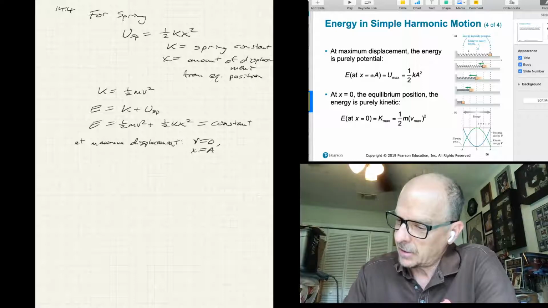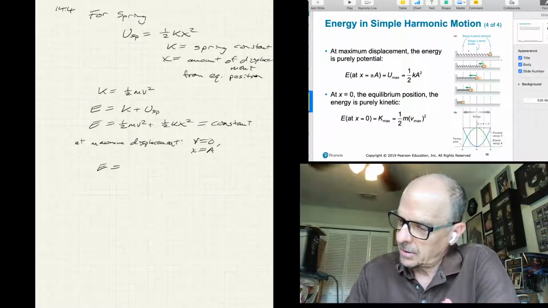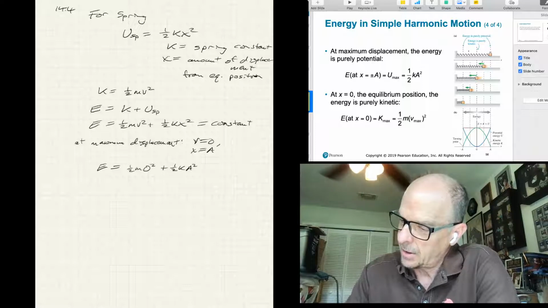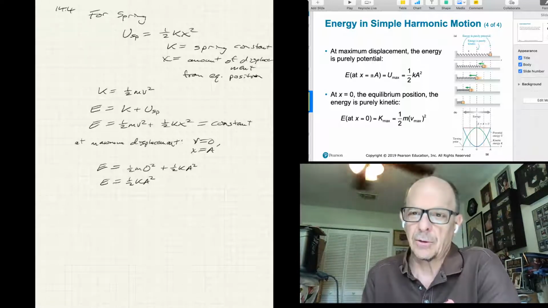And so that says that the energy in this particular case is 1/2 times m times 0 squared plus 1/2 k times A squared, which is just 1/2 kA squared. So the total energy of the system can be expressed in terms of the amplitude, 1/2 kA squared.